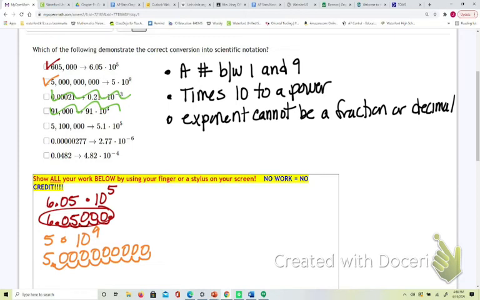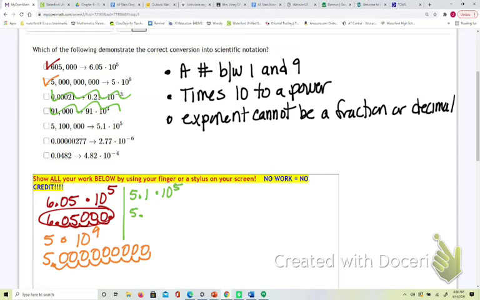Okay, the next one is 5.1. That's between 1 and 9, times 10, and the exponent is not a decimal or a fraction, so I'm good. But now I have to figure out if the 5 is a correct number. So 5.1 times 10 to the fifth.